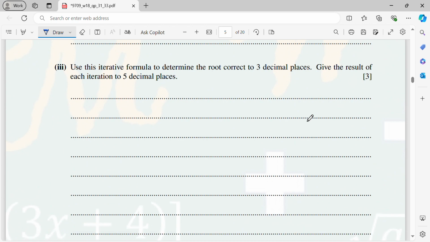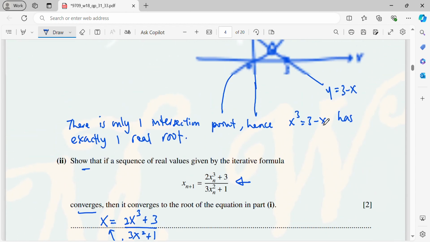Okay, part 3. Use this iteration formula to determine the root correct to 3 decimal places. Give the result of each iteration to 5 decimal places. So rewrite the formula. Now, for the initial x, you can refer to the graph.